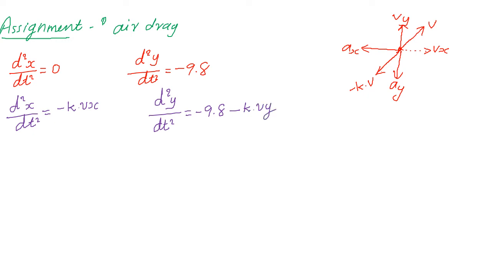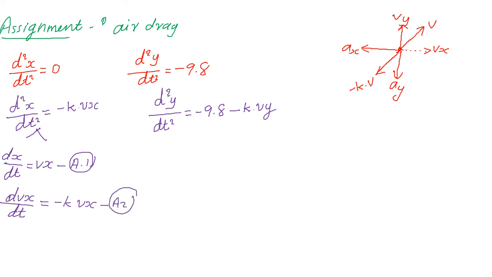Okay, right? So this equation can be resolved into dx by dt is equal to vx. This is our first equation, a1, and the second one is dvx by dt is equal to minus k into vx. So this is a2.